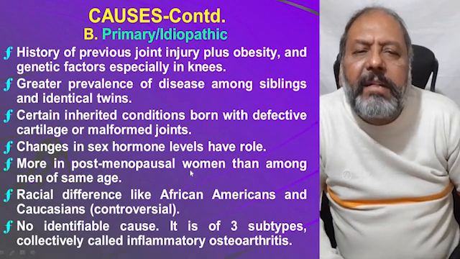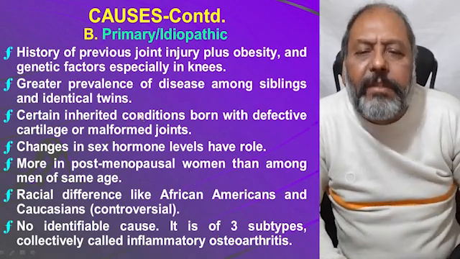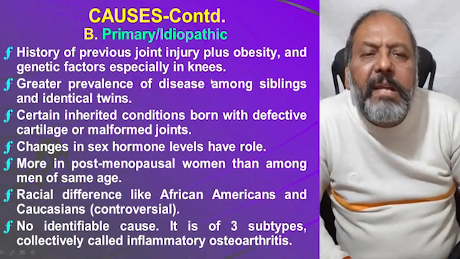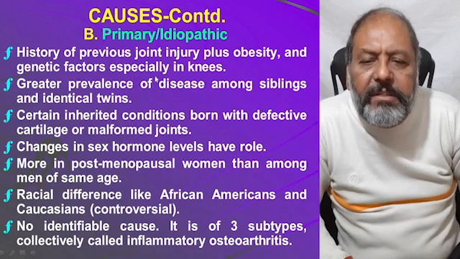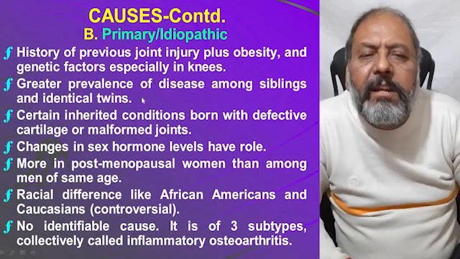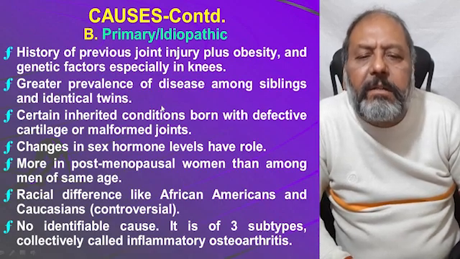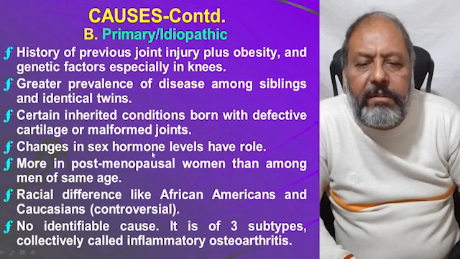Now, the other cause is primary, or idiopathic. There is history of previous joint injury plus obesity and genetic factors, especially in the knees, that are blamed. Greater prevalence of the disease among siblings and identical twins is also a genetic factor.